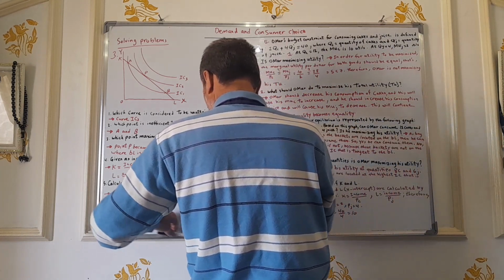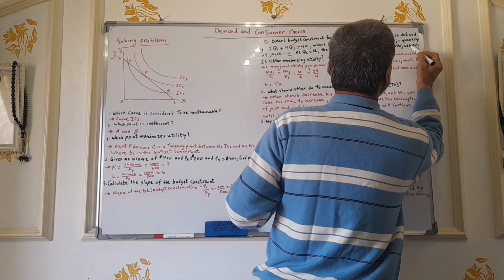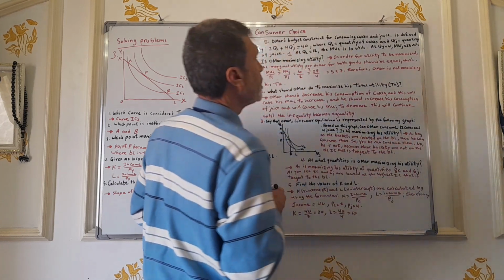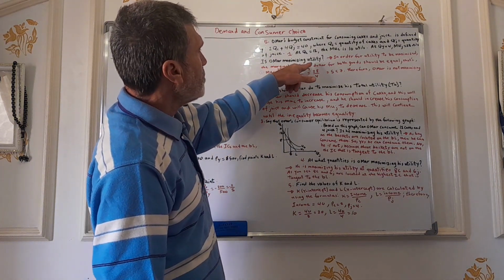Okay, 28 utils. Now, the question: is Omar maximizing utility?